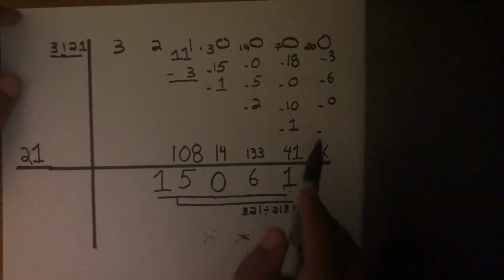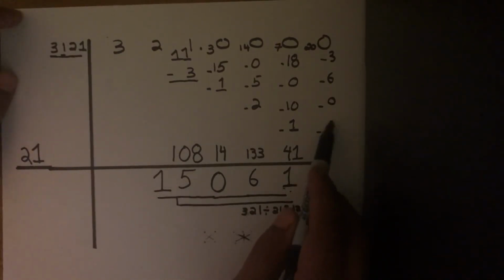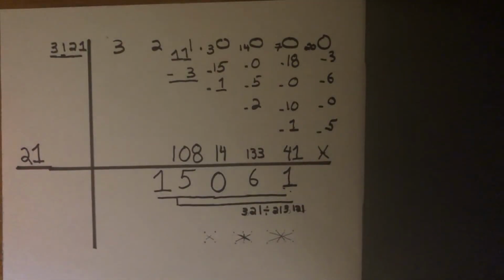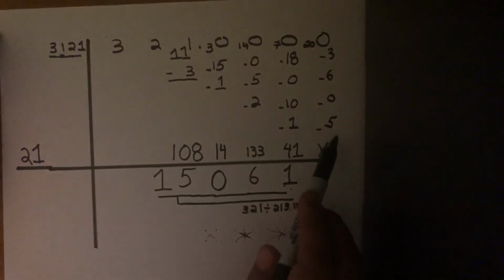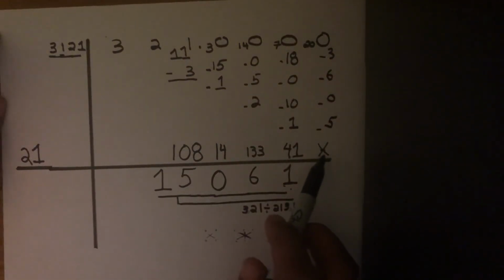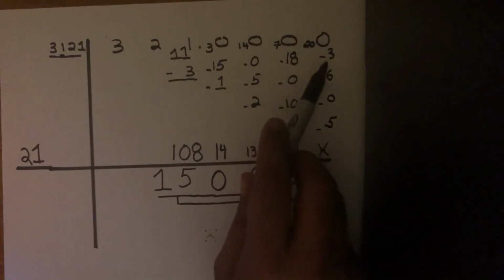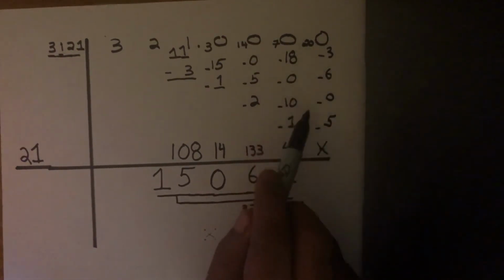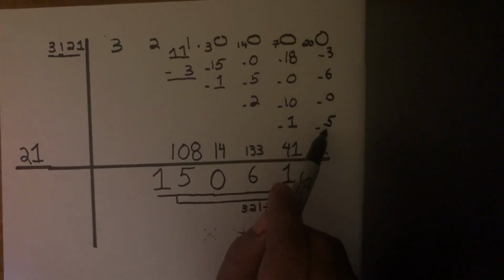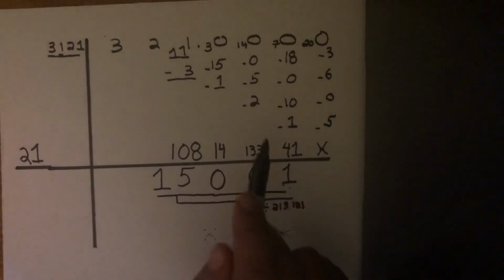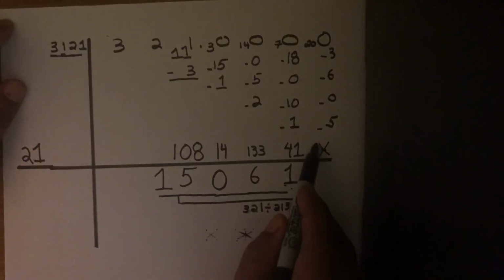And then 1 times 5 is 5. Okay? I'm going to put the adjusted dividend here. So let's keep track of it. So 200 minus, this is 9, so 200 minus 9 is 191. 191 minus 5 is 186. So this turns out to be 186.